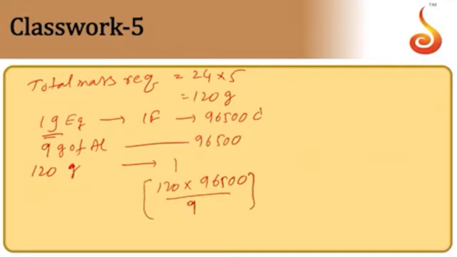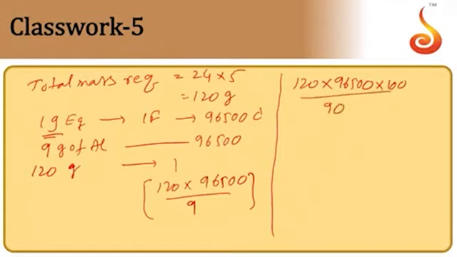But current efficiency is only 90%. So the charge which you actually require, because of 90% efficiency, will be equal to 120 into 96500 into 100 by 90 into 9. So this will be the actual amount of charge that is required.